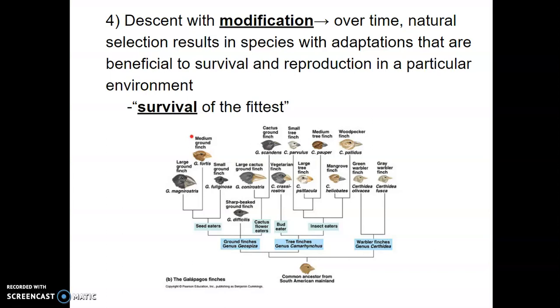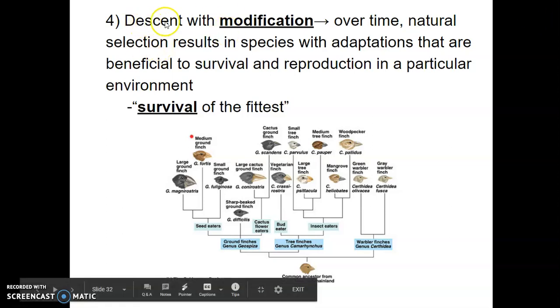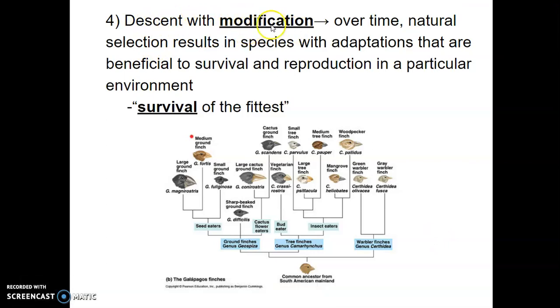The last aspect, or key component, I guess you could say, of natural selection is descent with modification. Descent means going down through generations. So over time, natural selection is going to result in species with adaptations that are good, that benefit their survival and reproduction in whatever environment they are. So this term, descent with modification, modifying, changing for the better over several generations. All right.